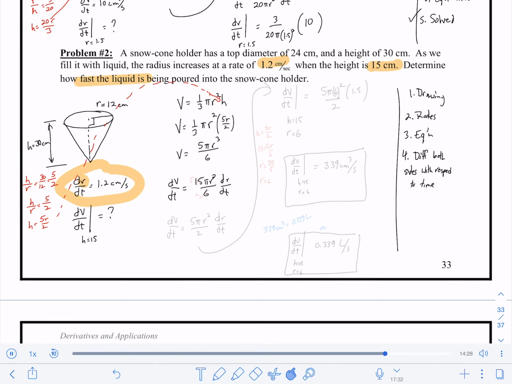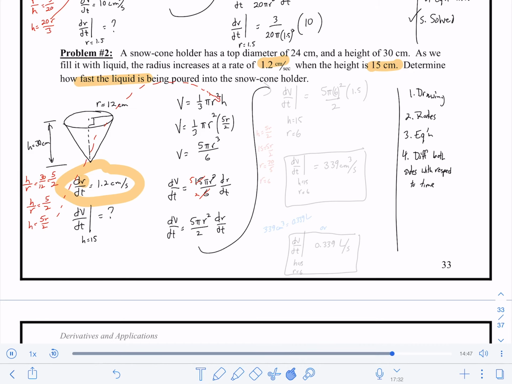That will simplify a little bit. Dividing that by 3 gives me 2, dividing that by 3 gives me 5. And so our simplified dV/dt is going to be 5 pi r squared over 2 times the rate at which the radius is changing.